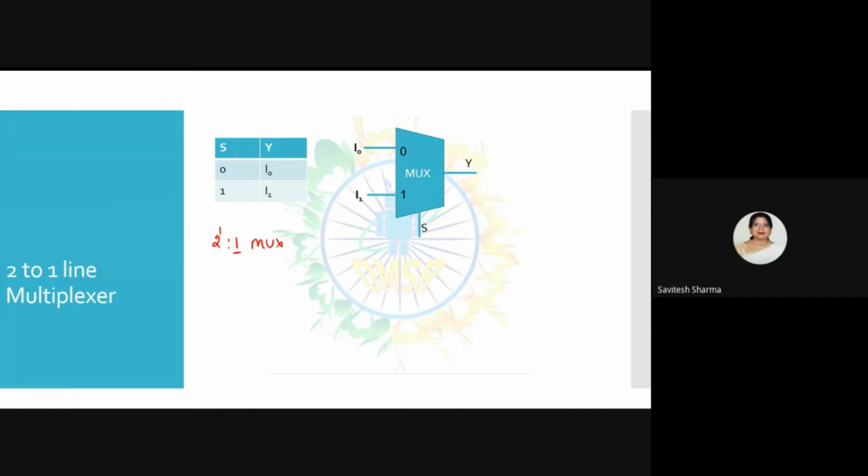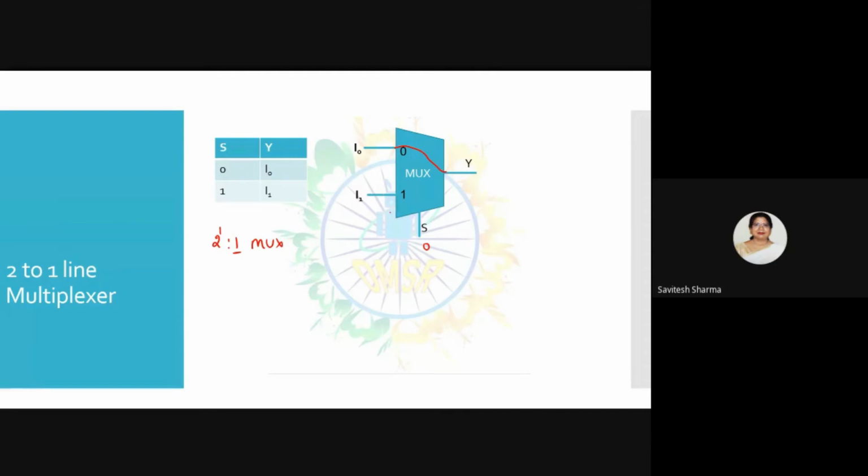So you see, if the select line is 1, that means it can take 2 binary values, either 0 or 1. So what will be y? Here I am not writing y as 0 or 1; I am writing y in terms of the input. What I am showing here is, if S is 0, I0 will pass to the output.